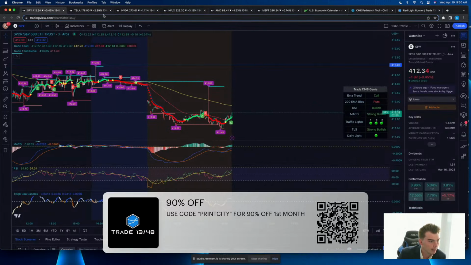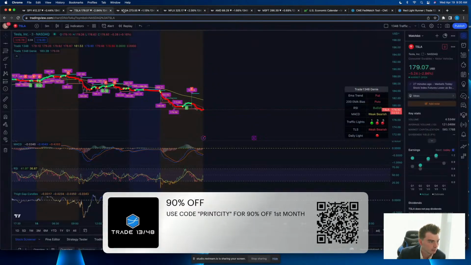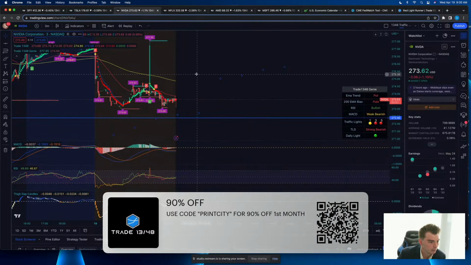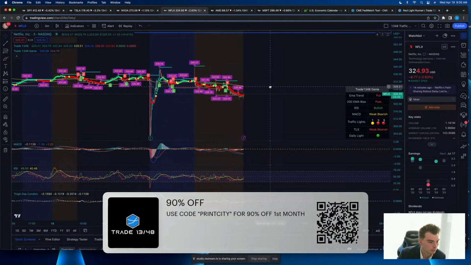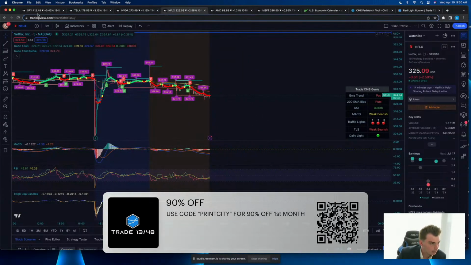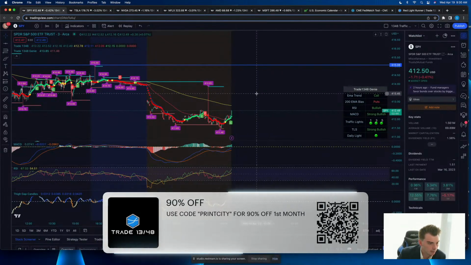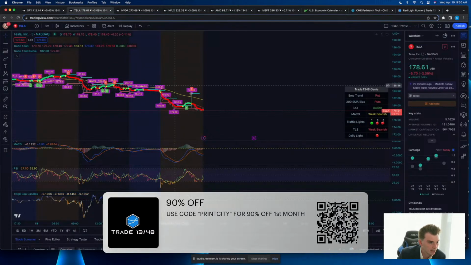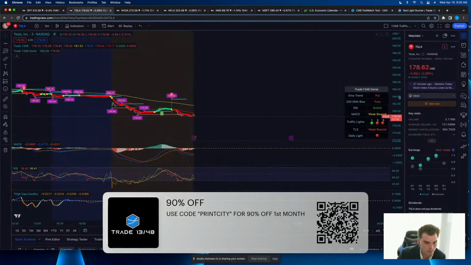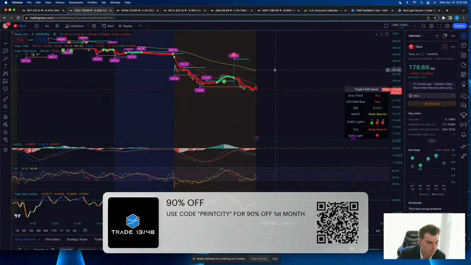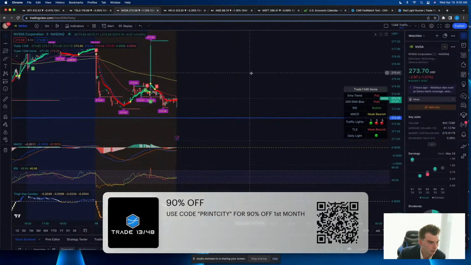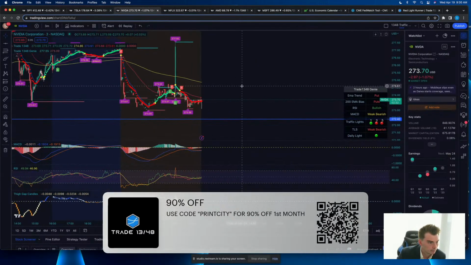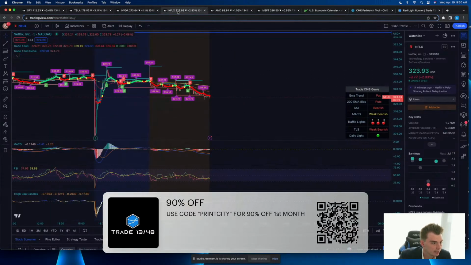SPY moving higher. Oh, why are they cucking? Tessie, whole lot of nothing. Let's see what we get, team.